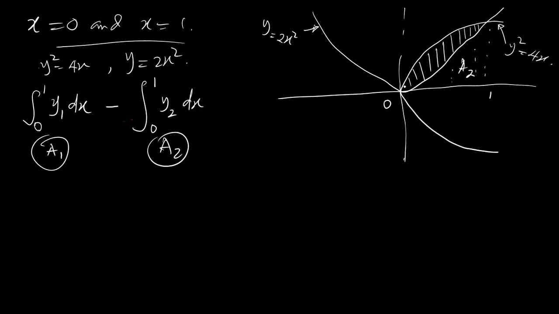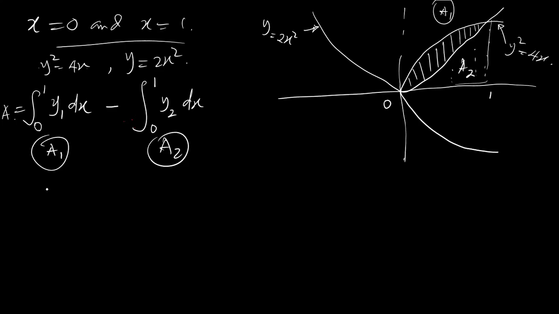From here down to the whole of this place is what? A1. So to get this area where they enclosed, you have A1, which is the whole of this, minus this one, the minus A2. So you have only this. So that is the area, enclosed area.